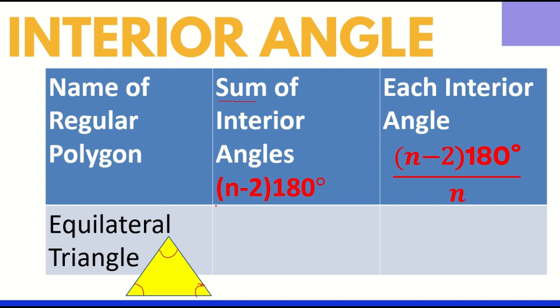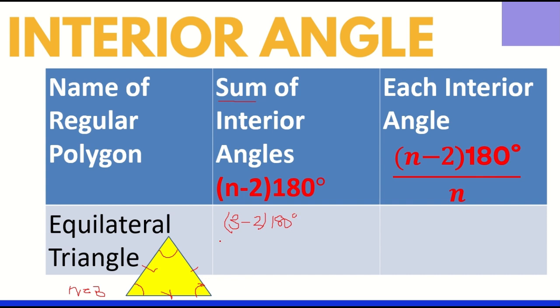So again, the n is the number of sides. Ilang sides ba meron ang equilateral triangle? Bilang natin 1, 2, and 3. Thus the number of sides of equilateral triangle is equal to 3. Tandaan mo, the number of sides of equilateral triangle is equal to 3. So substitute lang natin ang 3 doon sa formula. That is 3 minus 2 times 180 degrees.